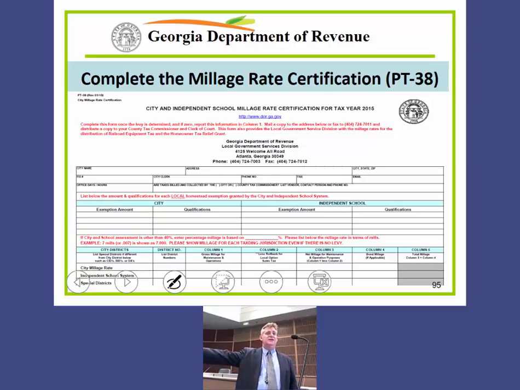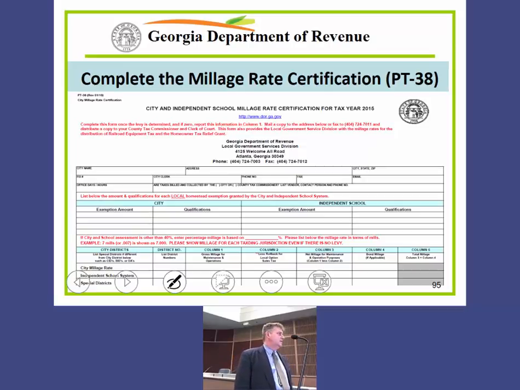Please try to get these to us as soon as the millage rate is adopted, because we need this millage rate to put in our system, because the amount of AVT funds, alternative ad valorem tax funds, that you get is somewhat based on your current year millage rate.